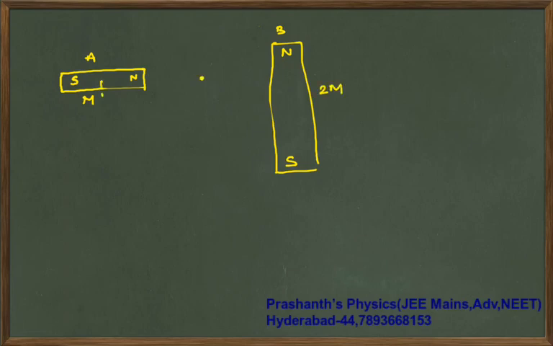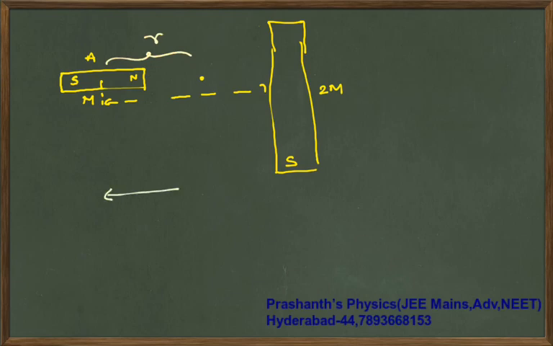Now here the question is, it is exactly midway. So your magnets are arranged somewhat like this. Now this distance is R, and this distance is 2R.